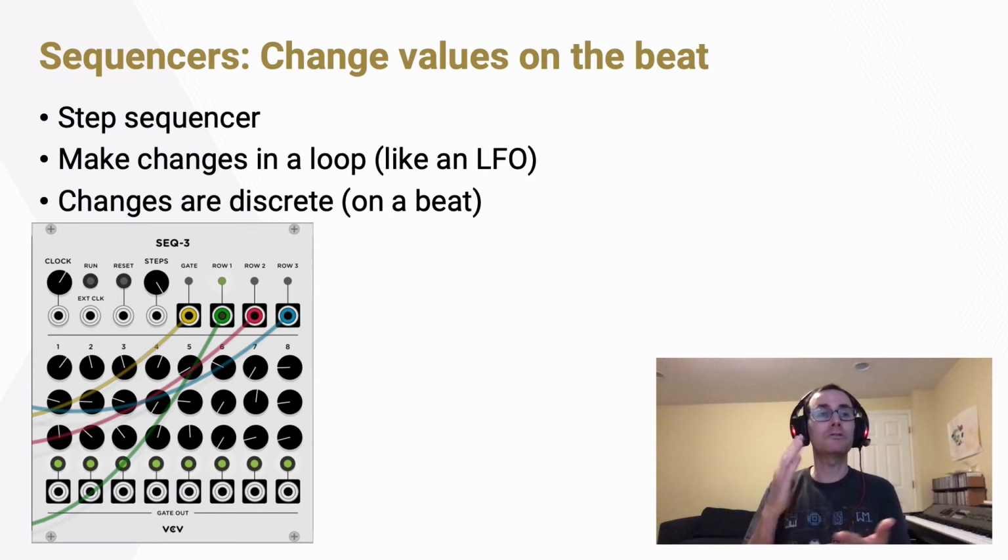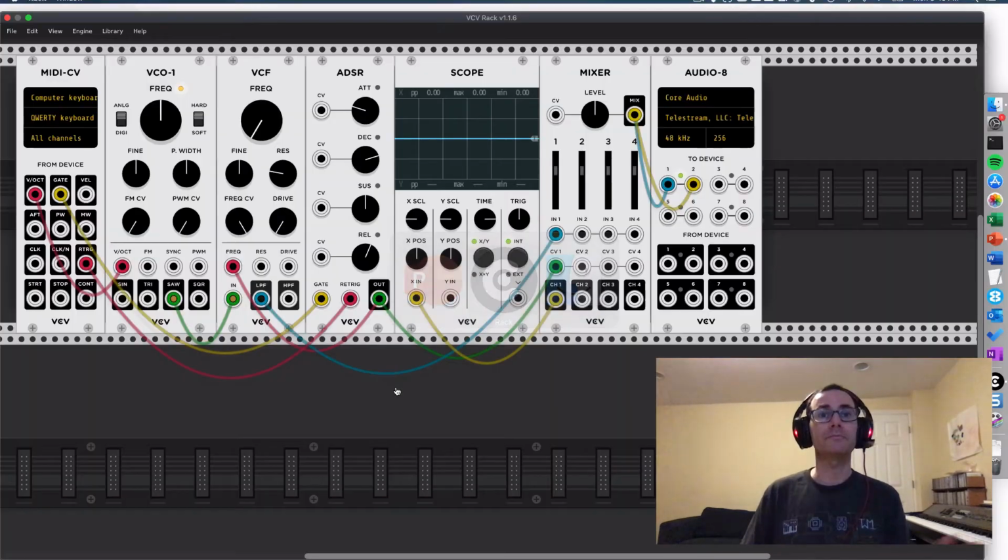And every time we get to a new beat, a new step in our sequencer, a new set of values are sent out to suddenly change what's going on. If you look at the step sequencer here, you'll see there are 8 steps, 1, 2, 3, 4, 5, 6, 7, 8. And each of those steps has 3 knobs connected to it. And so whenever we hit one of these steps, it sends out these 3 new values. Let me show you what I mean.